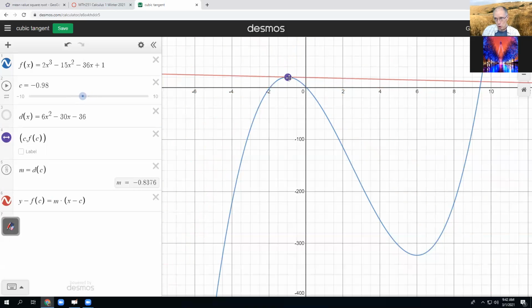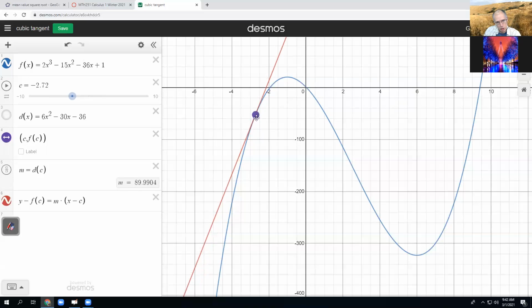But there's another cool thing going on here. So check out the slope over here. So I'm somewhere near -3-ish, and the slope is around 100 when c is near -3. And then as I move that x value from -3 toward -2 and -1, watch what happens with the slope.